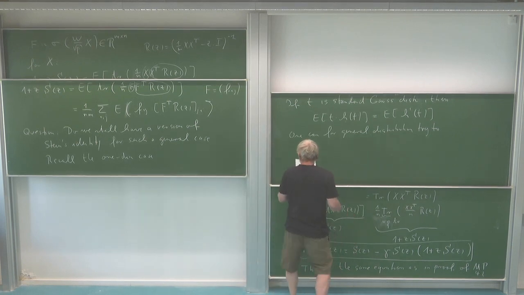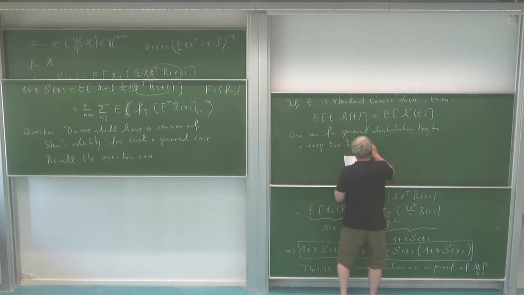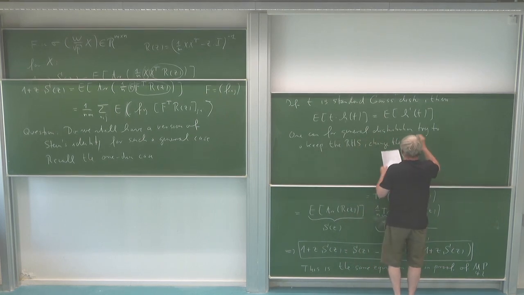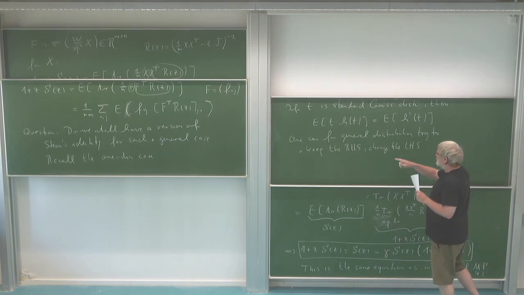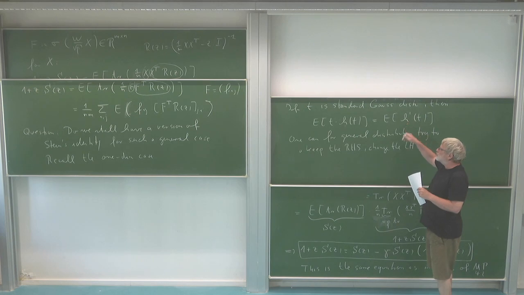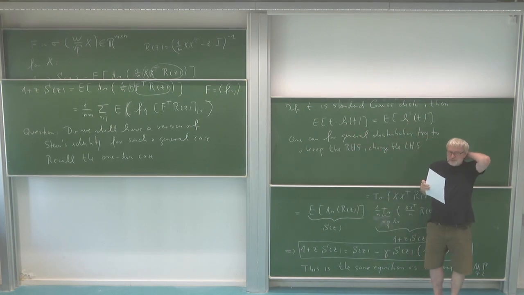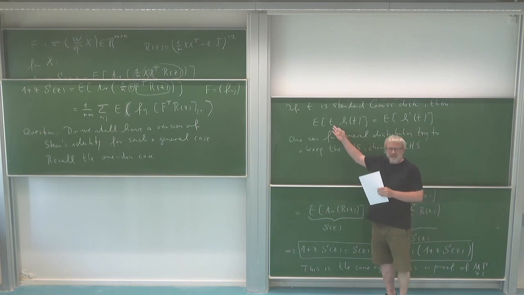We can try to keep the right-hand side of this equation, but then of course we have to change the left-hand side to something depending on the distribution. I still want to do something here which has the effect of giving me the derivative here. It won't be multiplication with t anymore, but usually I can find some other function of t which has this effect.